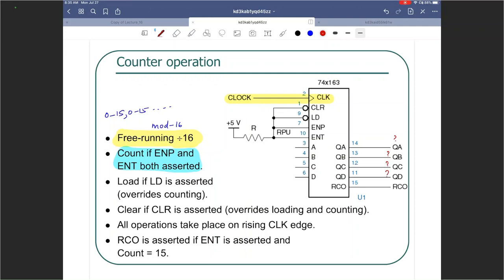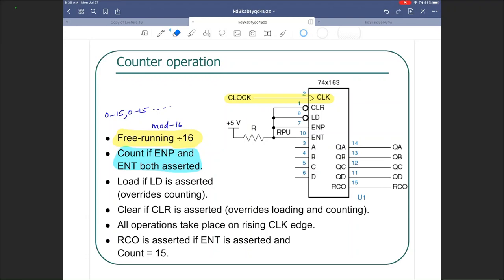Like what will be the first counter output? Uncertain is absolutely right. I do not know what will be the output.